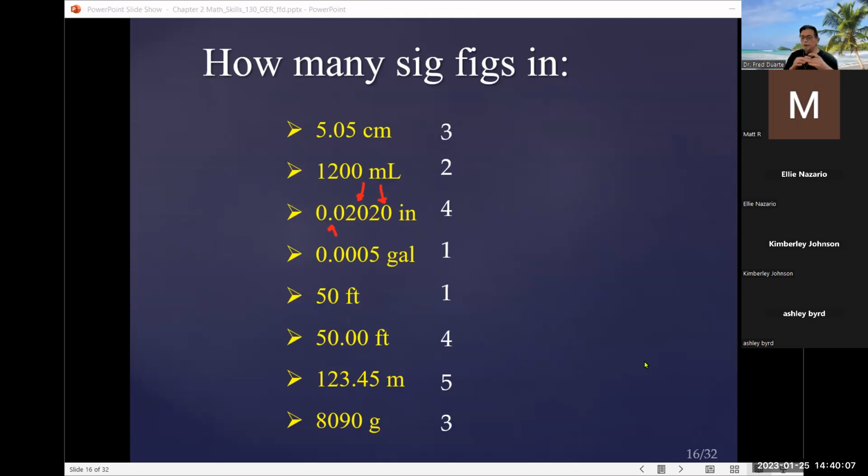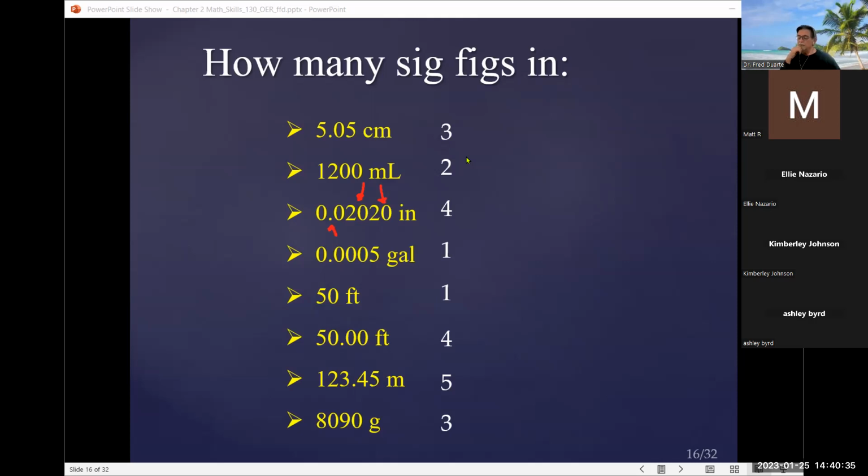All right, so now that we determine how many sig figs they have, when we talk about the mathematics, we separate the 2 types of mathematics we're going to do. We're going to multiply and divide, which is governed by the number of sig figs. When we add and subtract, the final answer is governed by the number of decimal places, okay? Let me repeat that.